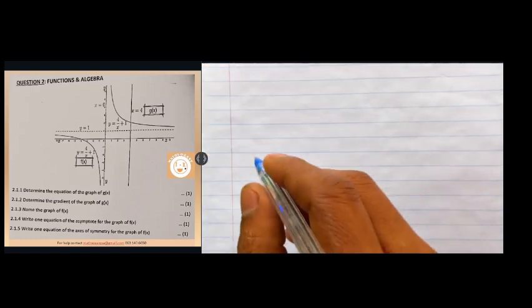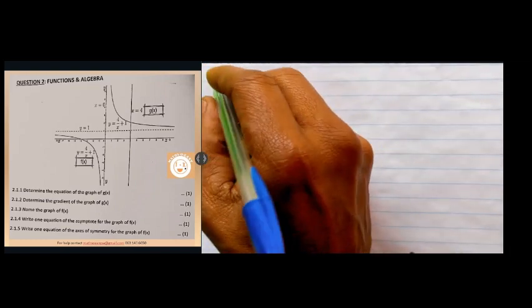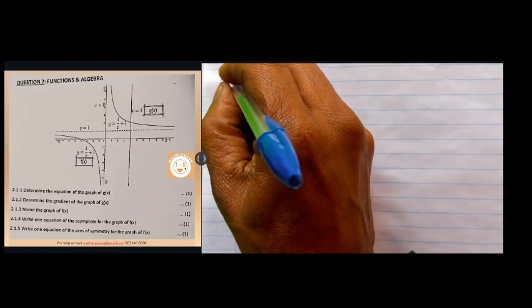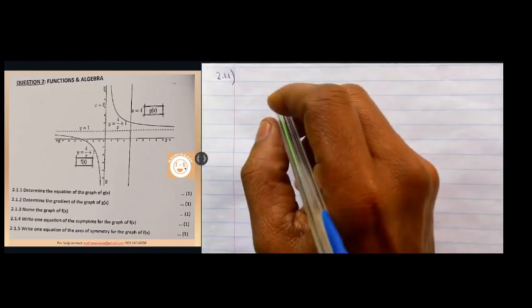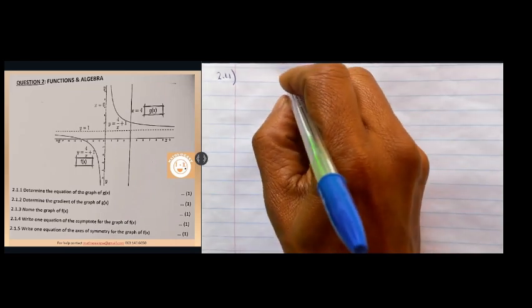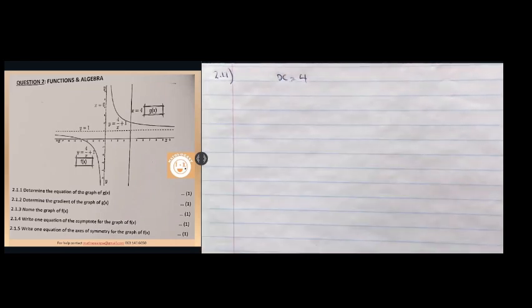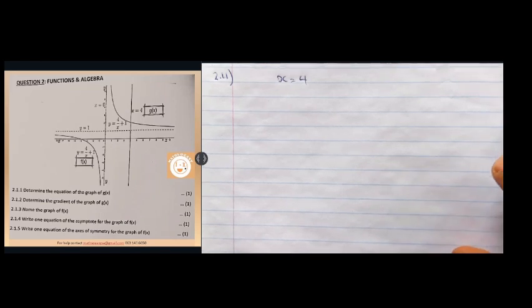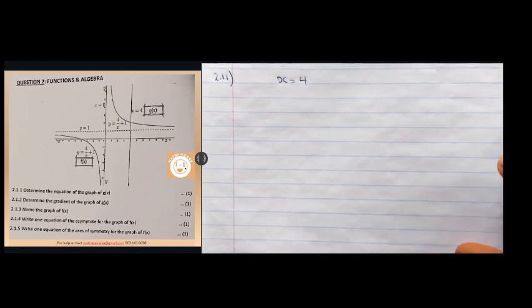You forgot, I'm sure. Right, so 2.1.1, it's straightforward as well. Remember, it is straightforward. So we have an equation there. That equation is what? x = 4. It's as simple as that, all right? So, yeah, I'll go back to that just now.